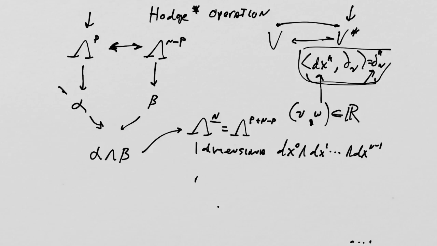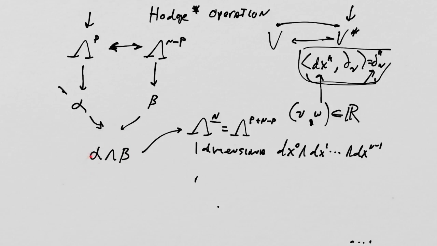So this is a way. Starting from this point, we take any element of the pth power and any element of the n minus pth power. We're going to produce an element of the nth power, which is one-dimensional.